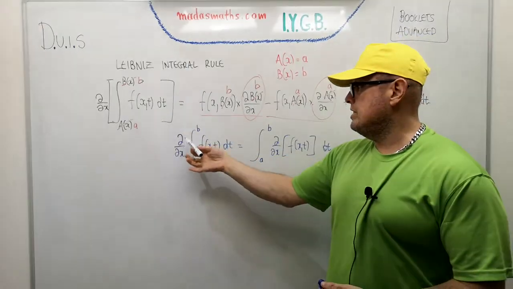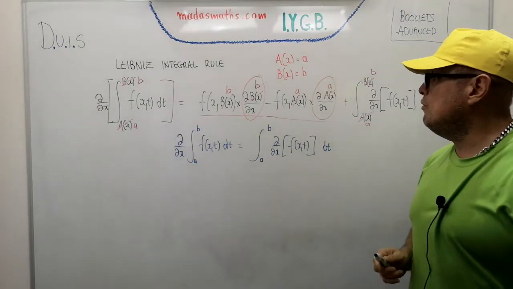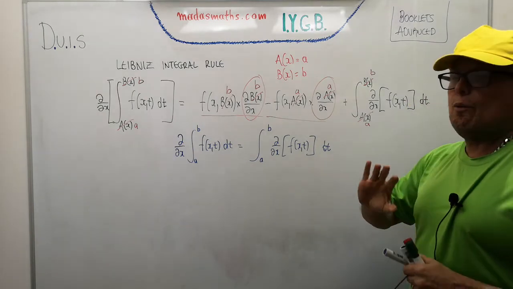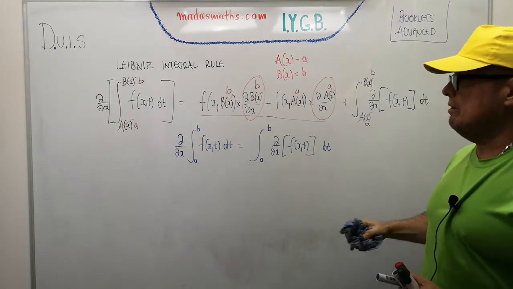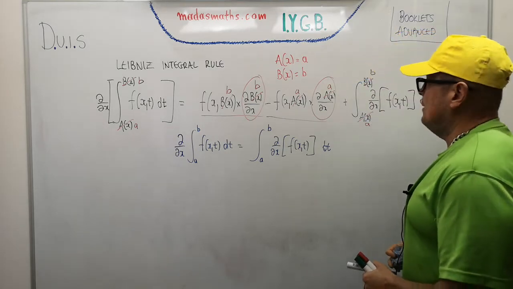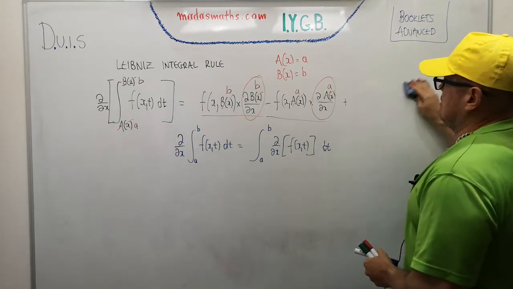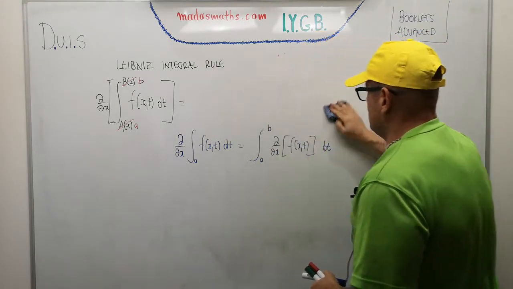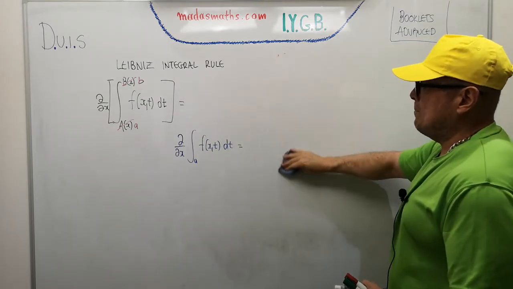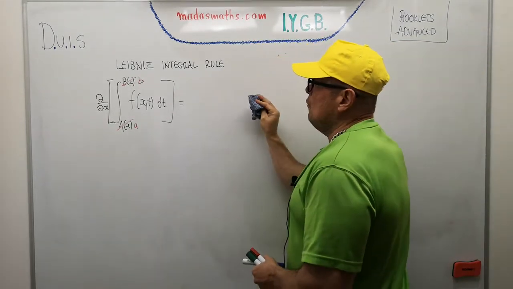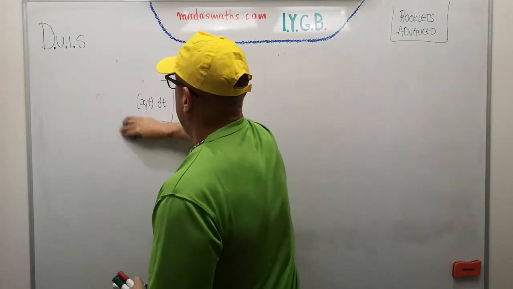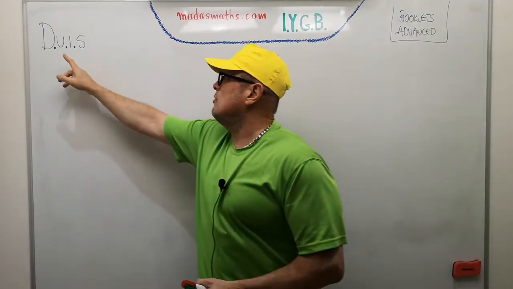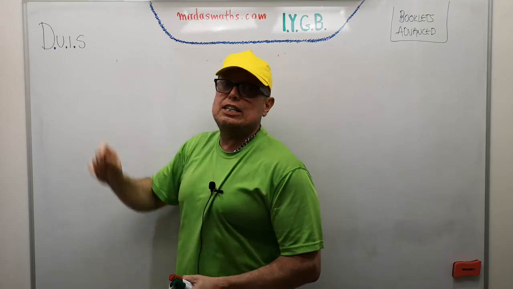If we want to differentiate with respect to x, we can move it inside the integral, so long as the limits are constants, and of course the functions are well behaved. I'm not looking for strange, bizarre things that don't obey this. Purists can make constructions of bizarre functions. We're looking at ordinary functions like sines, cosines, algebraic powers, exponentials, and so on. All of these functions are well behaved, and this rule is very, very important to us. That's what it says up there: differentiation under the integral sign.